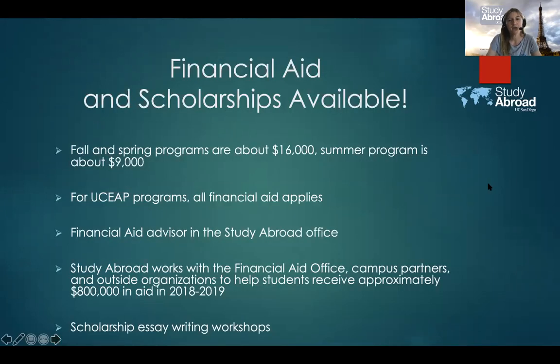Okay, and then for financial aid and scholarships, just to give you an idea of how much the programs cost, fall and spring programs are roughly $16,000, and the summer program is about $9,000.